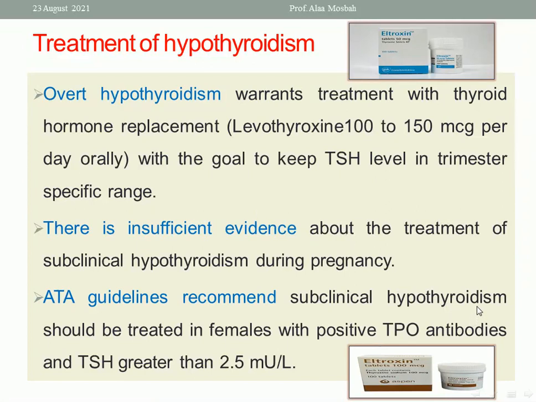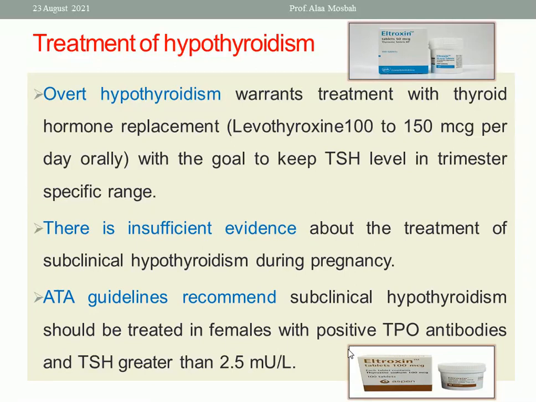There is insufficient evidence about the treatment of subclinical hypothyroidism during pregnancy. So you do not routinely give treatment for subclinical, but you definitely should give treatment for overt hypothyroidism. What about the American Thyroid Association guidelines recommendation about subclinical hypothyroidism?